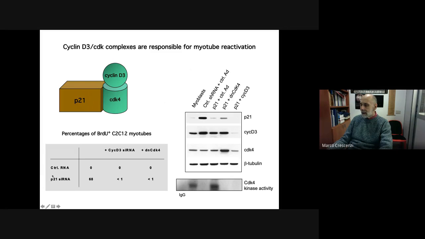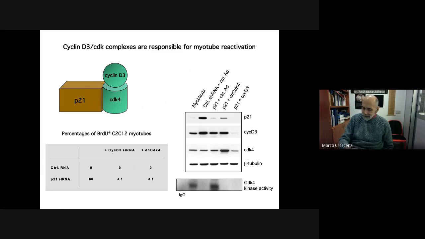And if we interfere with P21 and CDK4, again, the number dropped to zero. So that validated the model and said both cyclin D3 and CDK4 are absolutely necessary for the reactivation of the myotubes that follows P21 suppression.